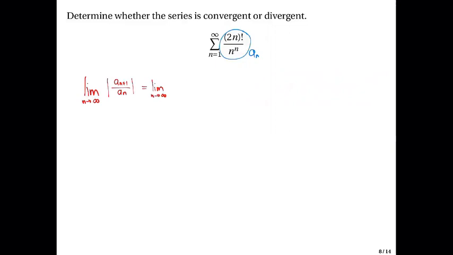So, magkakaroon tayo ng 2 times n plus 1 quantity factorial divided by n plus 1 raised to n plus 1. Okay? So, absolute value and then times we have n raised to n divided by 2n quantity factorial. Okay? And then close the absolute value.